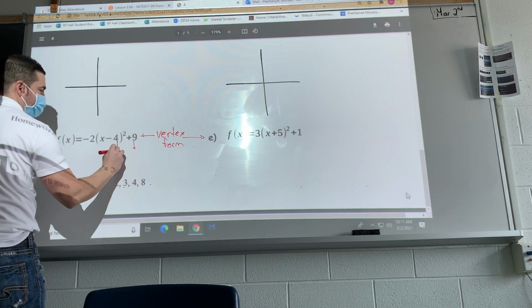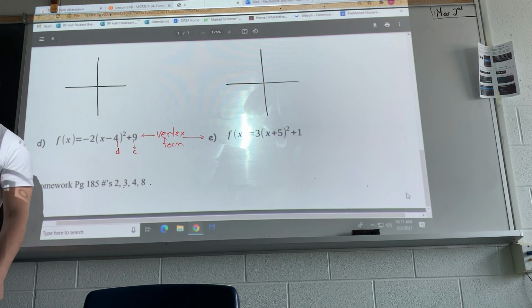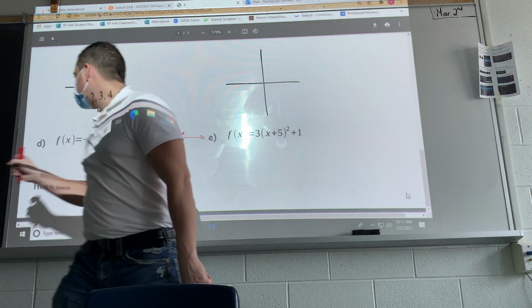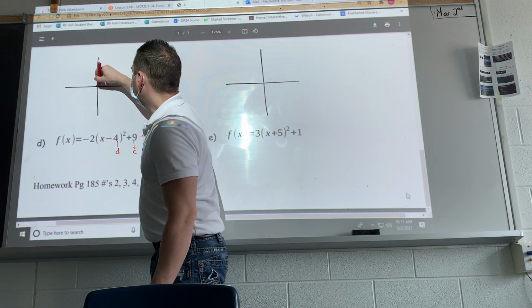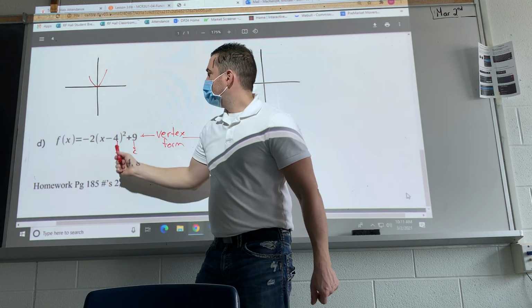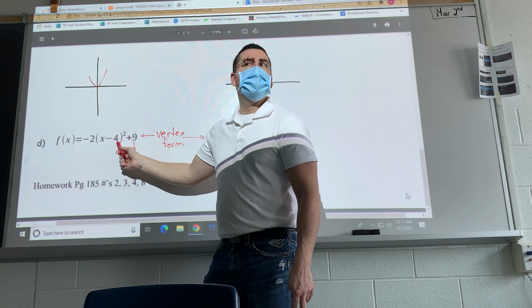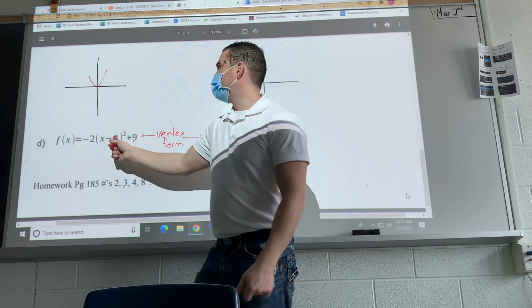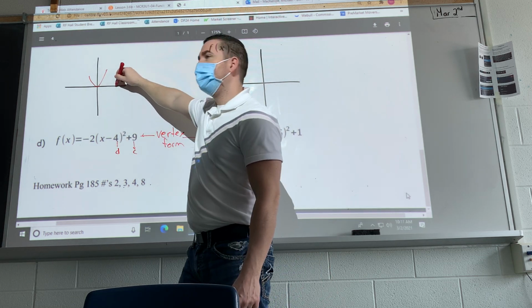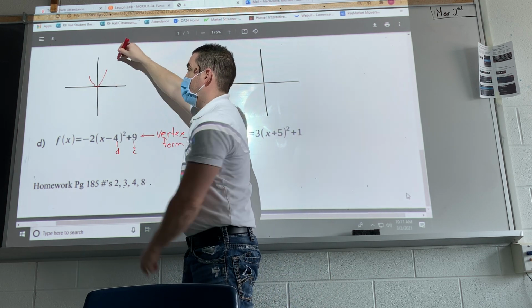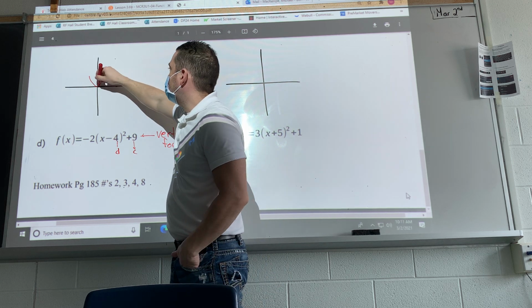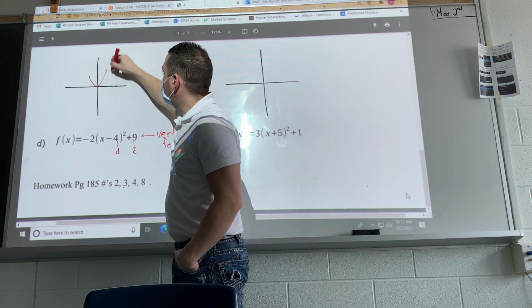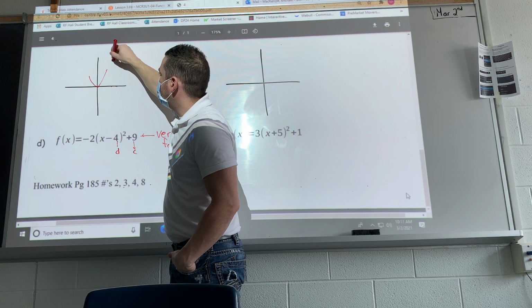So the D value and the C value, because remember that shifts it up and down, and this shifts it left or right. So remember, quadratic starts here. Then we shifted 4 units to the opposite. This goes to the right 4, and then 9 up. So now the quadratic, instead of being here, is going to go 4 to the right and 9 up. So the vertex is now going to be here.